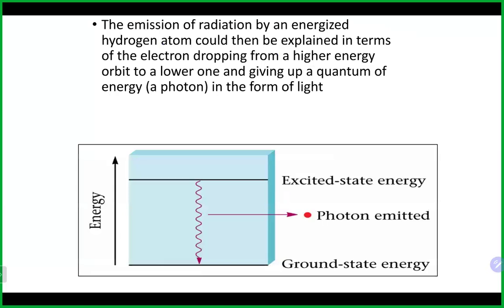And what we see in terms of those different lines is a result of an electron dropping from a higher energy level to a lower energy level. So when we go from higher energy to lower energy, we get an emission spectrum because the atom is going to give off that energy.